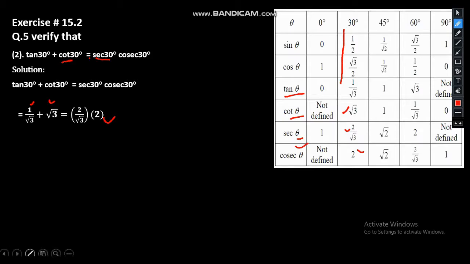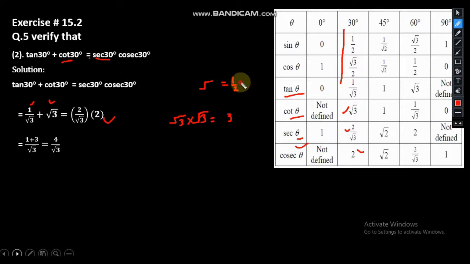Now next step, here we can take the LCM under root 3, and 1 and 3 multiply.